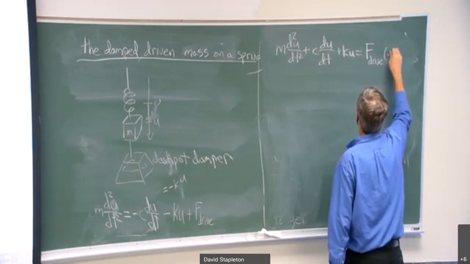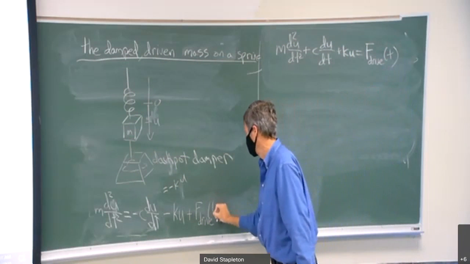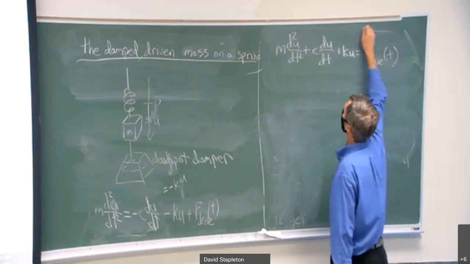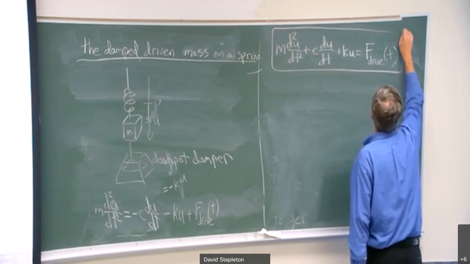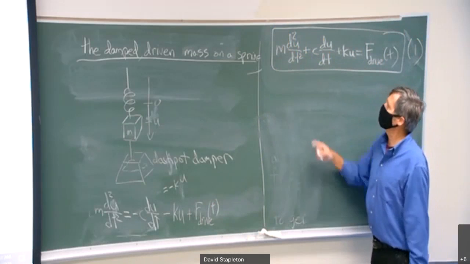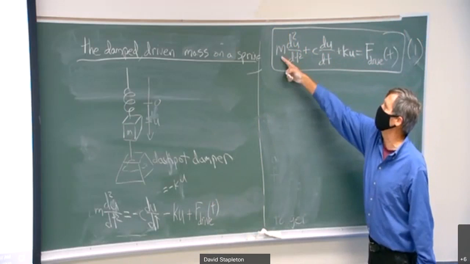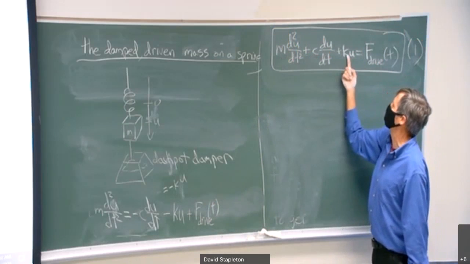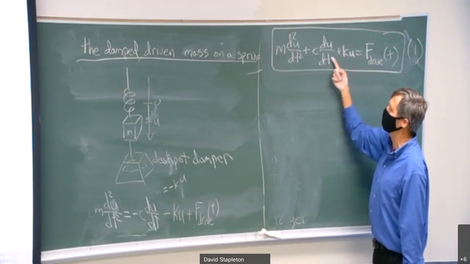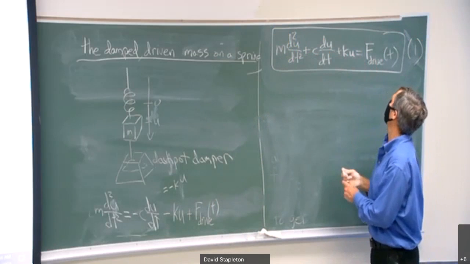Let's put the F(t) on there just to be suggestive that it generally depends on time. And there it is. There's the big equation for today. Call that number 1. Look what it is. It's constant coefficients, constant mass, constant damping coefficient, constant Hooke's law coefficient equals a function of t only. It's precisely the equation I wrote at the beginning here.